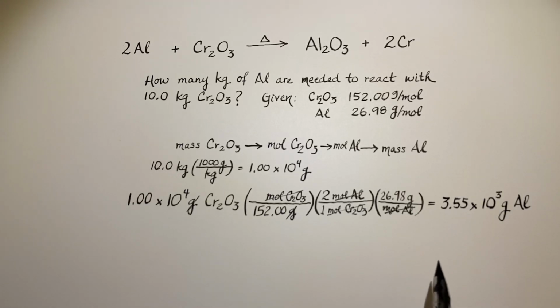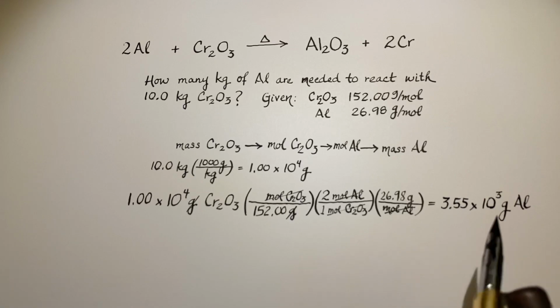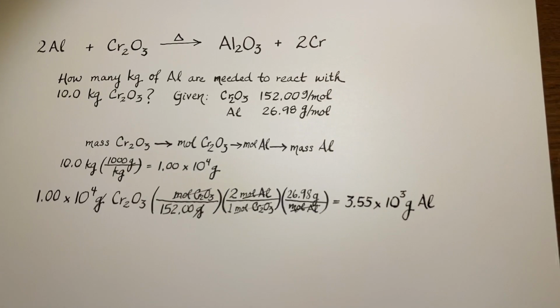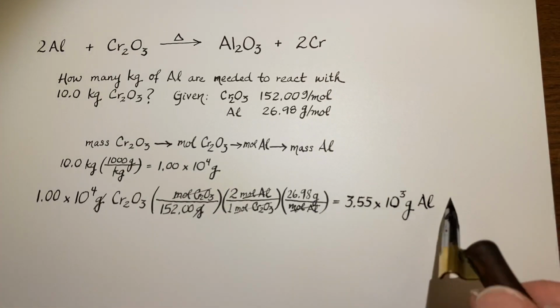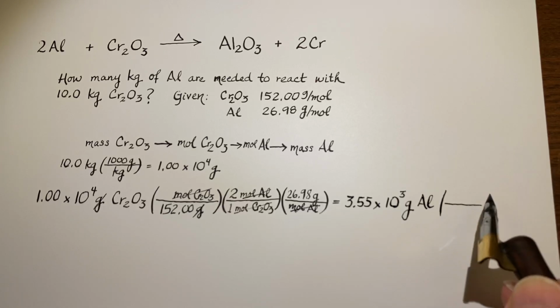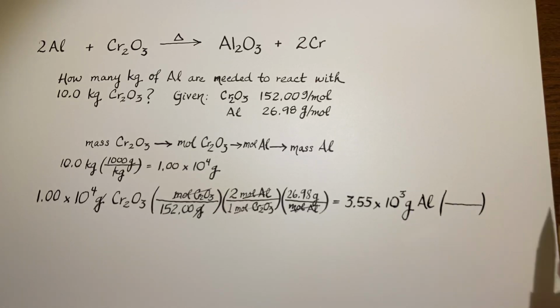And as I said, we want to make sure we convert to kilograms. So why don't we just do that? Scooch this all the way over and do one last conversion. So we're converting to kilograms.